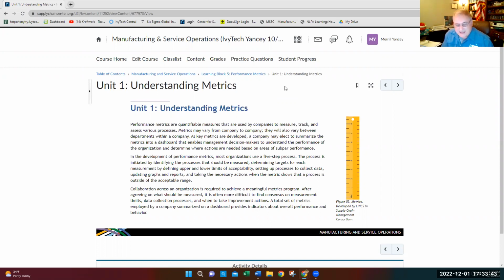So they explain that as basically an upper and a lower control level. The upper is as big as it can get, and the lower is the smallest it can get. If it's somewhere in that range, then that machine that's making that nut is operational.